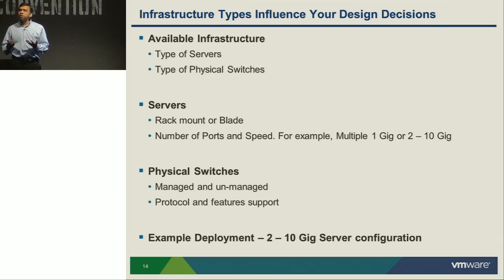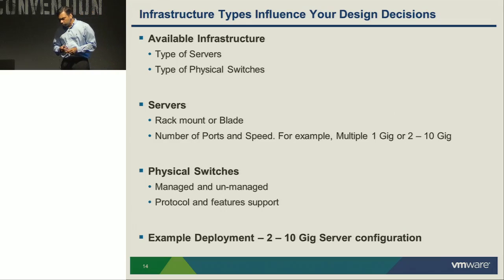So the type of server matters, because in the blade chassis specifically, you might have 2 10 gigs. If you are using Flex-10 or Cisco UCS, you might have the capability of doing traffic management on the blade chassis and presenting multiple NICs to the server. And we will talk about that, because that is one of the important factors in how you design with the distributed switch.